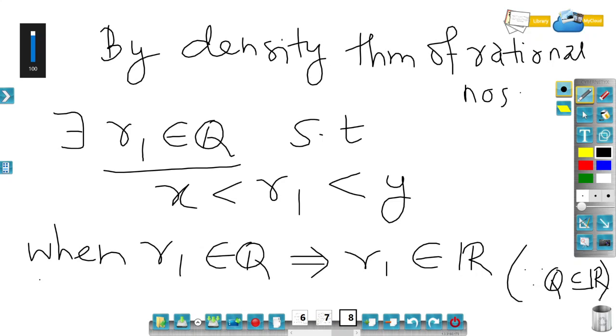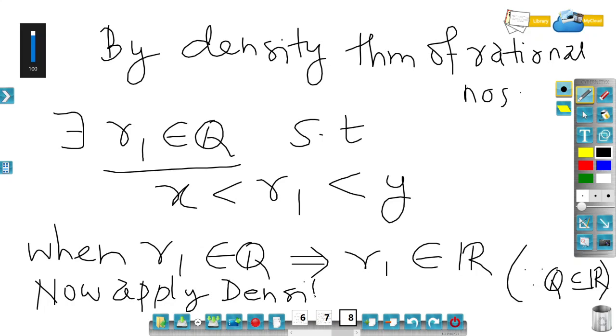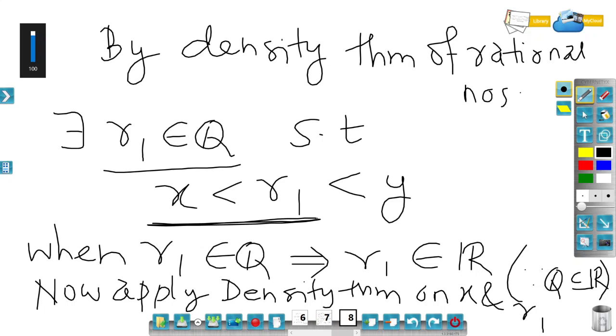So now apply the density theorem on x and R1. So I have two real numbers, one is x and the other is R1. I can apply the density theorem which I have proved. There exists R2 belonging to the rational numbers such that R2 lies between x and R1.